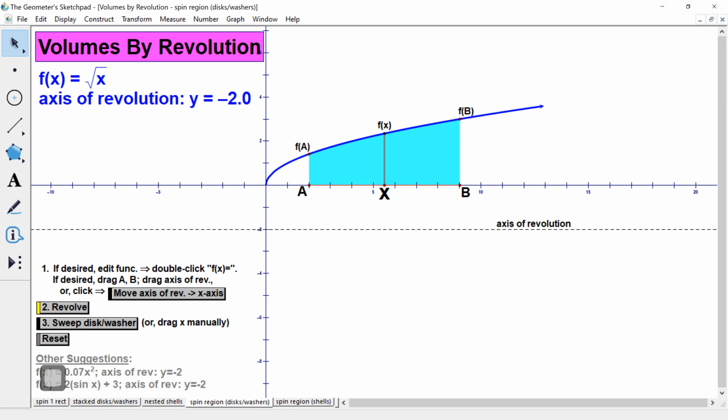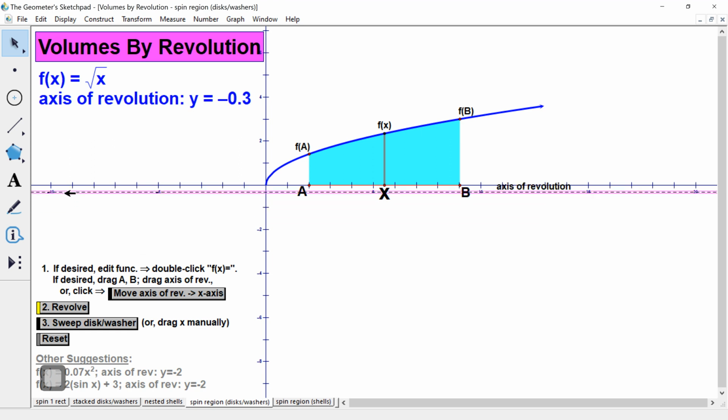So now we introduce the same idea. Take a nice easy function, square root of x, and we spin that.